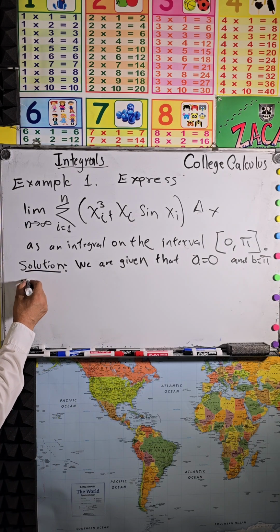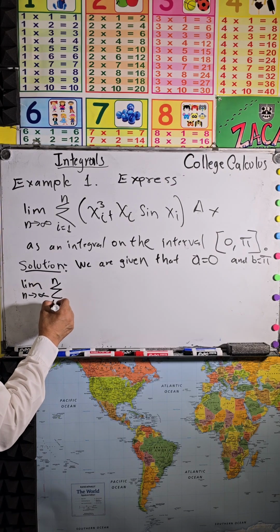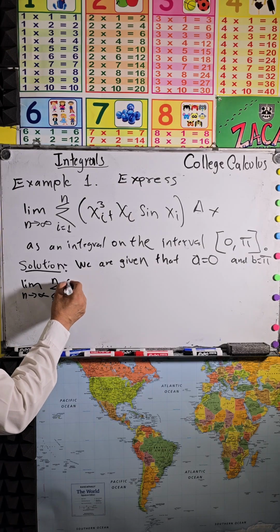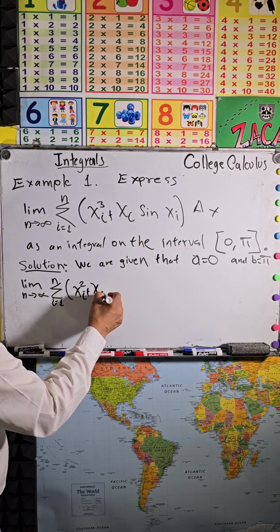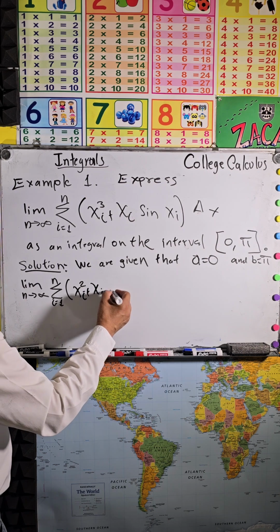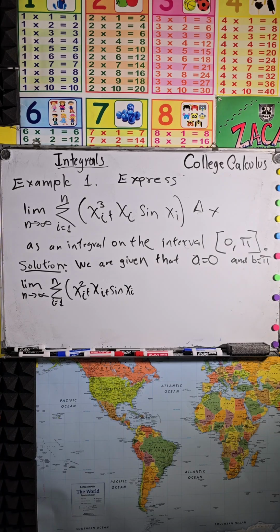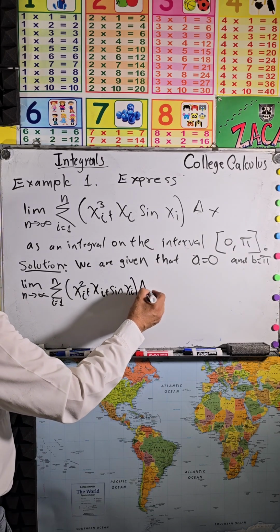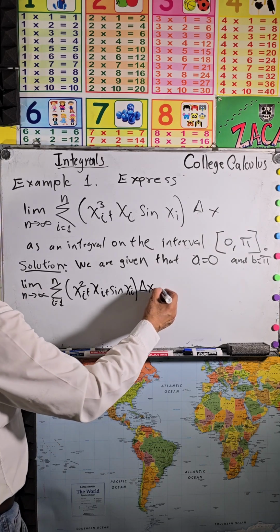Let me write the limit as n approaches infinity of the sum from i equals 1 of x cubed plus x sine x times delta x. See, so this will be equal to the integral.